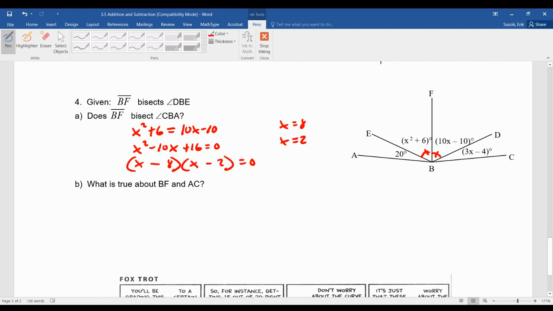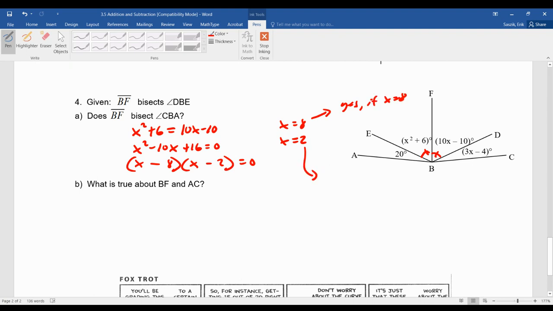To answer question A, does BF bisect angle CBA? Well, if x is 8, this is 64 plus 6, this is 70. This whole angle would be 90. If x is 8, this would be 80. This is 70 and 20. So this whole angle would be 90 as well. So yes, if x equals 8.